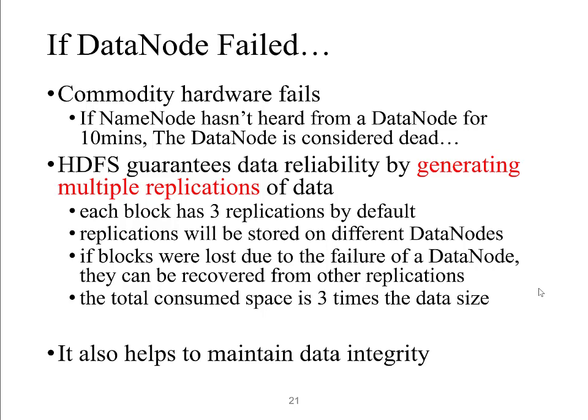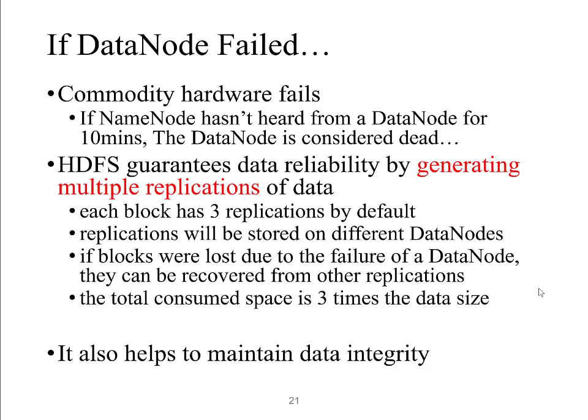Okay, if we use a single PC and it fails, you lose all your data. Now in HDFS, if we only store one copy of the block in some data node, then when the data node fails, you lose that block, because the content of the block is only stored in that data node, right?